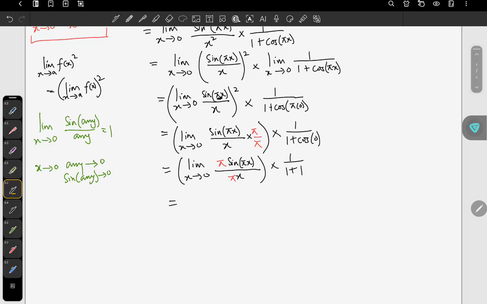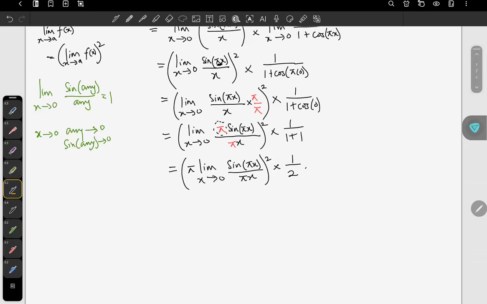And since pi is a constant, this particular one, I can pull it out. So this is pi times the limit as x. Oh, there's a square that I have forgotten. So the limit as x goes to 0 of sine pi x over pi x squared times 1 over 2.